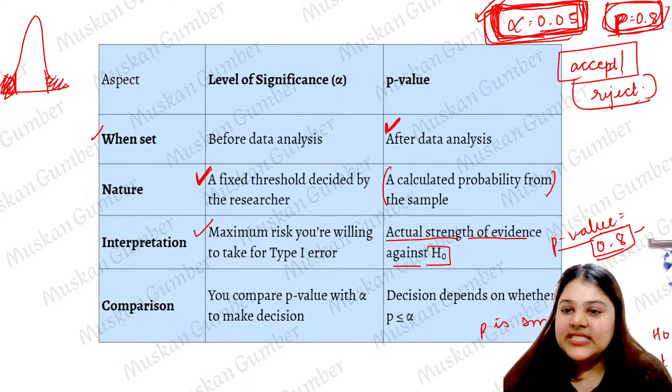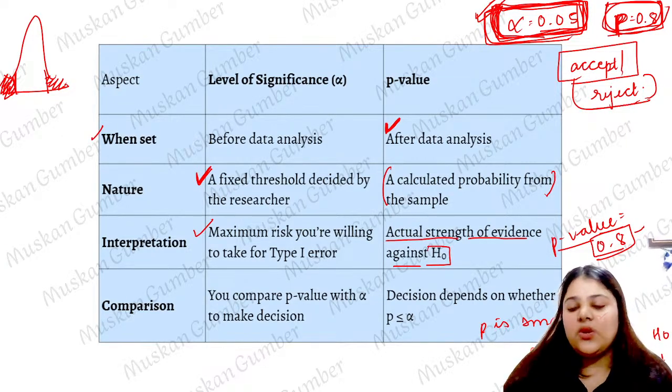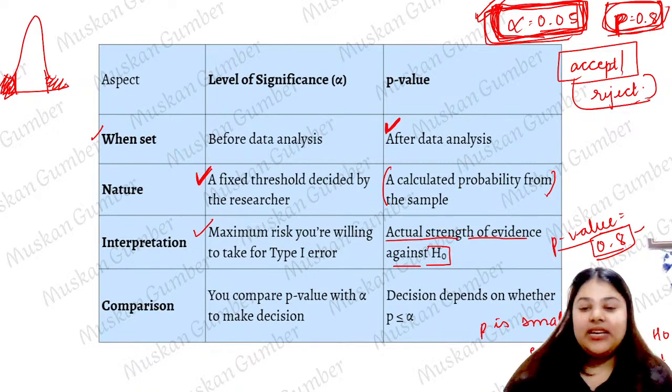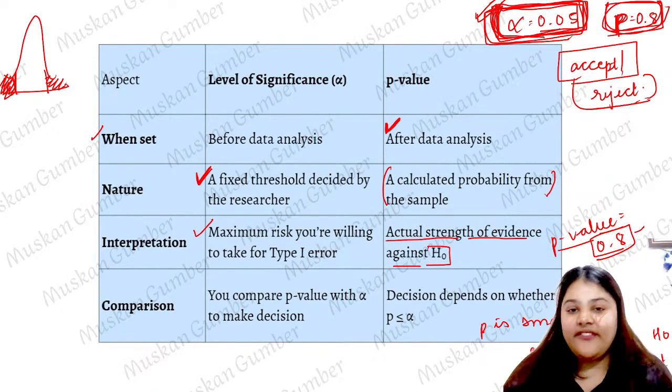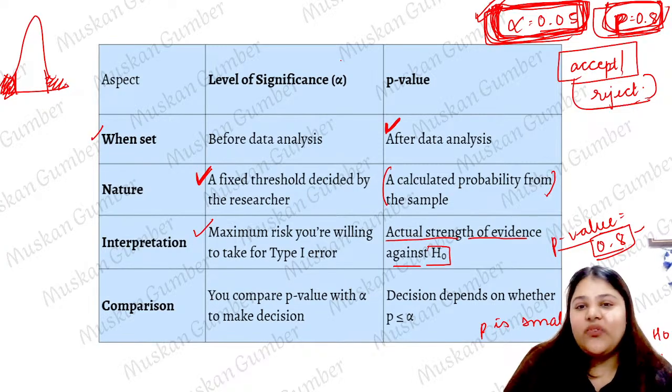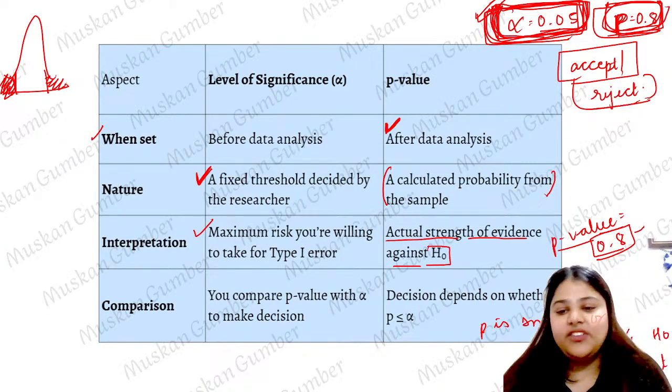P-value is the evidence against our null hypothesis, and alpha value is the chance of error that we will reject the null hypothesis even when it is true. So it should be less, which means that the evidence against the null hypothesis is more than the alpha value. Hence, we will do what? What we will do here in this case, everyone?